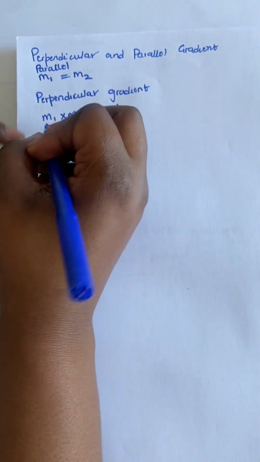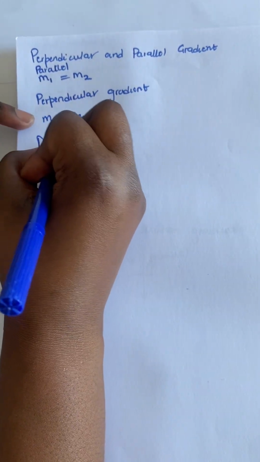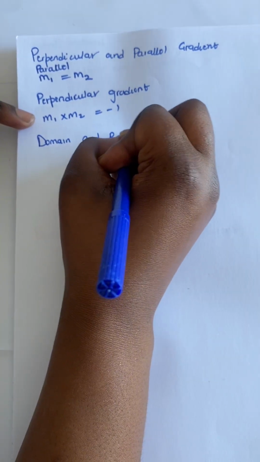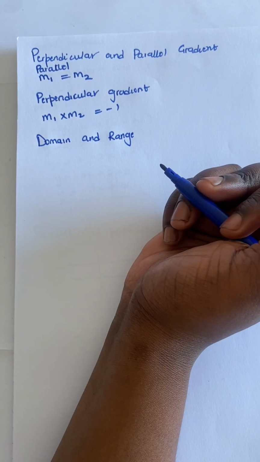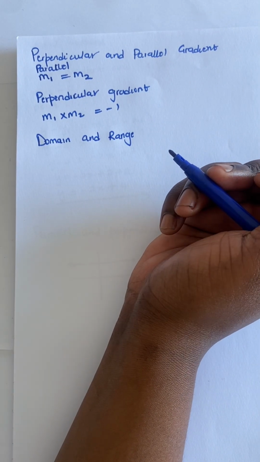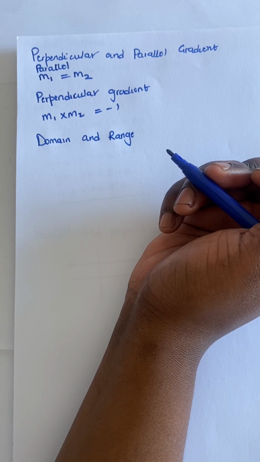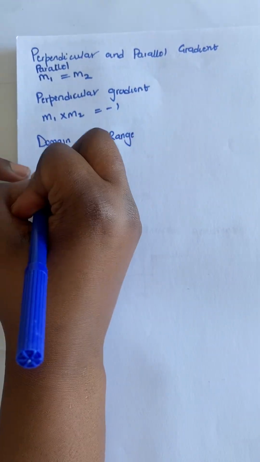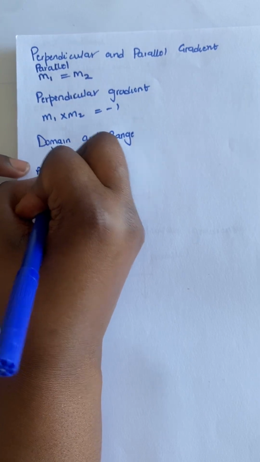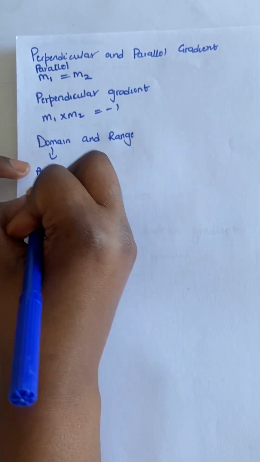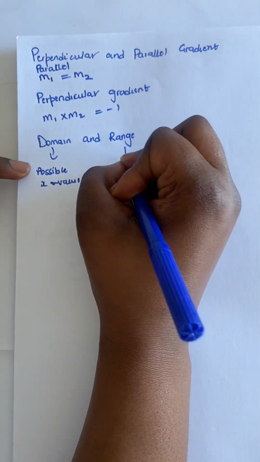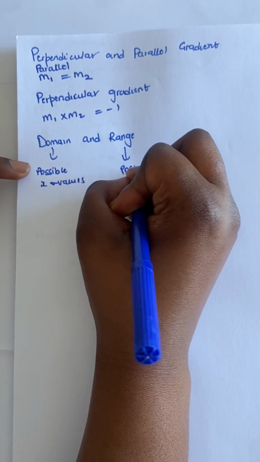Okay, and then you have what we call your domain and range. This means that domain is your possible x values, and your range is the possible y values.